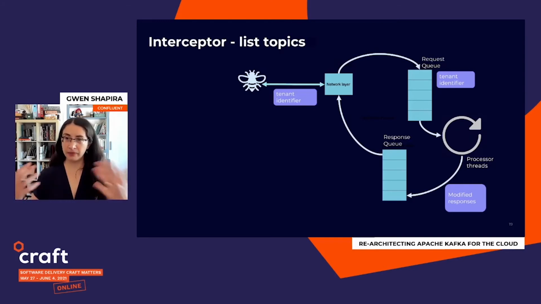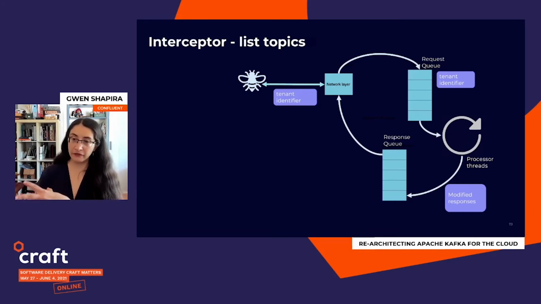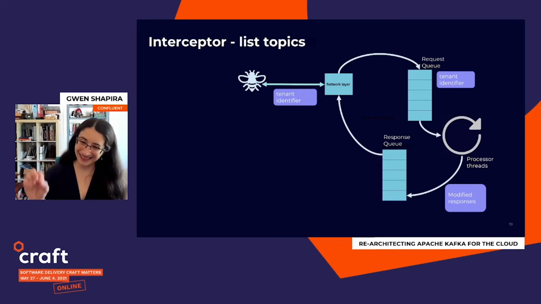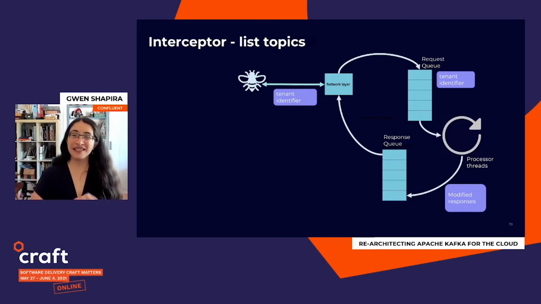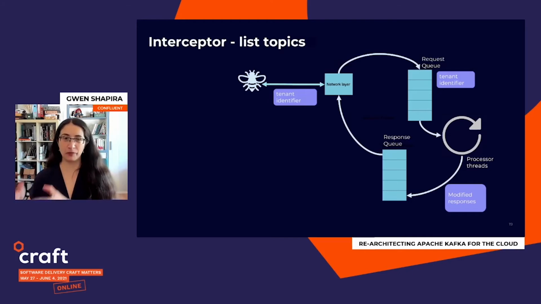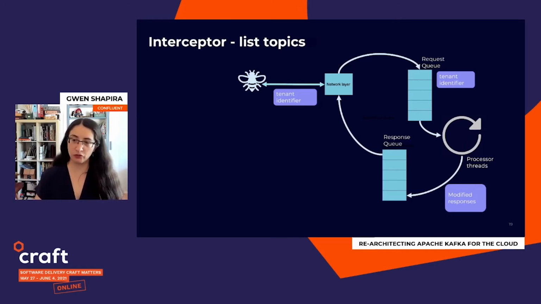So you take the principal and you use it as a tenant identifier. And based on this identifier, the plugin modifies the responses. And instead of listing all topics, it will only return a subset of the topics that belong to that tenant. So in between, as we process the requests, because we're aware of the tenant identity, we can send the correct response. We also do extra validation.